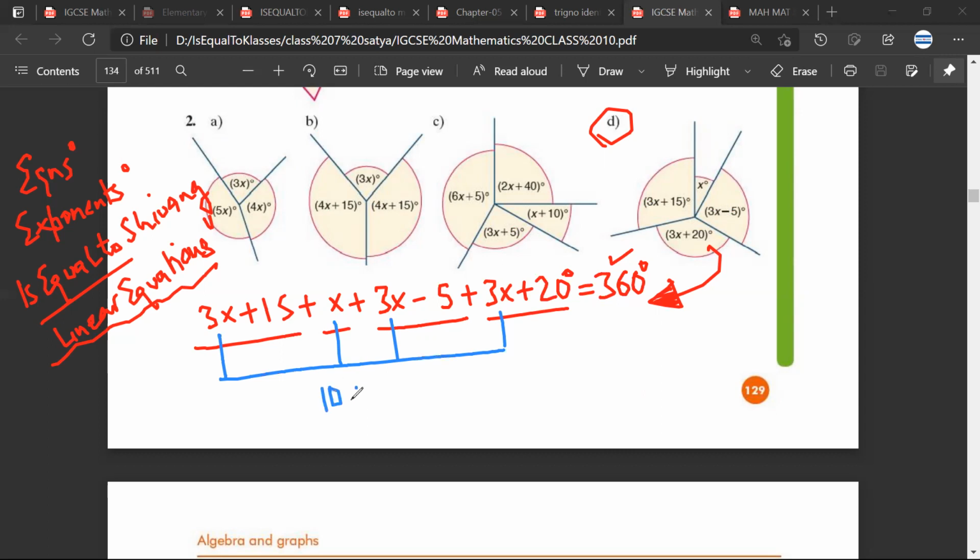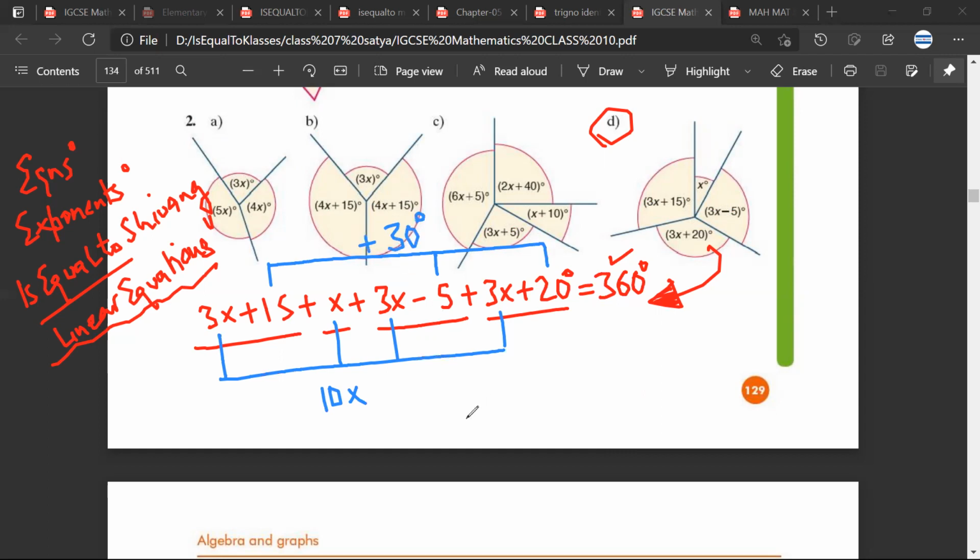Plus minus 10. See, 15 minus 5 would be 10, and 10 plus 20 would be 30.